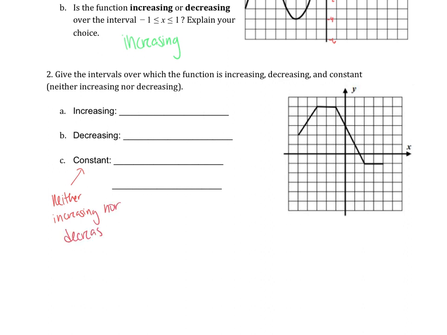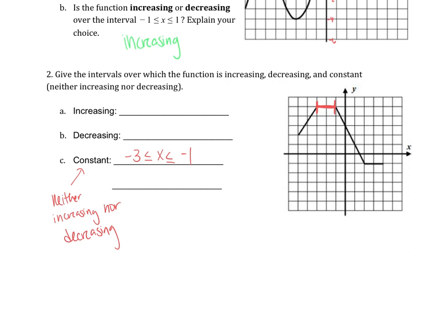It's kind of like a steady pace. That would be right here. Hopefully you can see that on the graph. If I want to write an interval where it's constant, I could say that would be from -3 to -1, because that's where it's neither increasing nor decreasing. It starts the constant at -3 and it ends at -1.